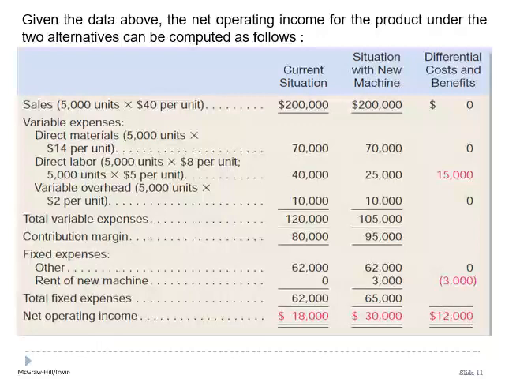Note also that the 12,000 advantage for the new machine can be obtained in two different ways. It is the difference between the 3,000 net operating income with the new machine and the 18,000 net operating income for the current situation.